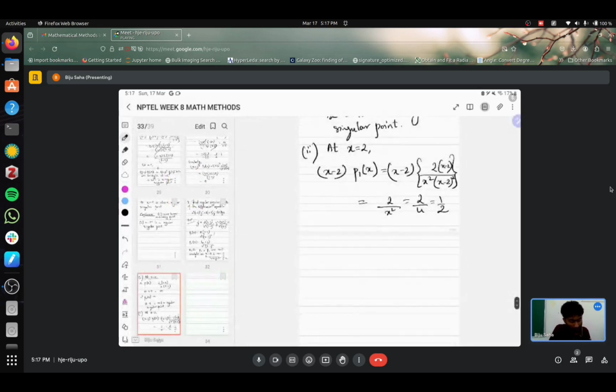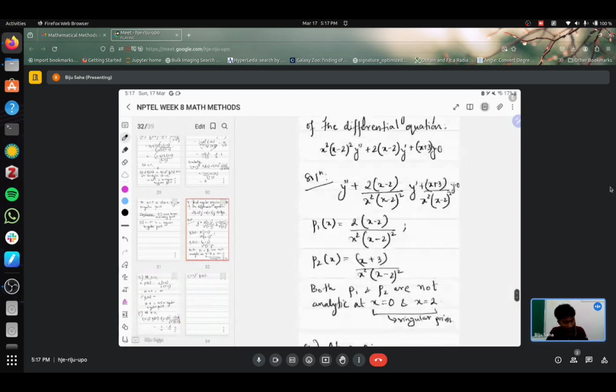Let us check the second one, (x minus 2) square into P2(x).